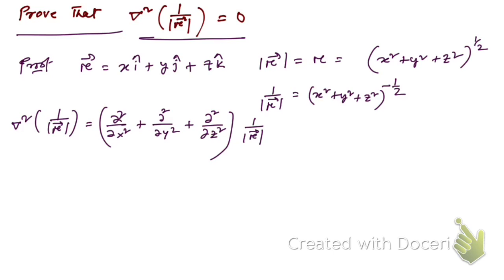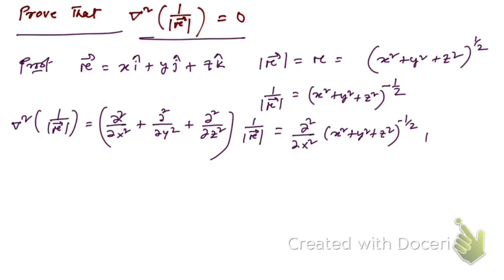That means we're going to take the second order partial derivative with respect to x of x square plus y square plus z square whole to the power minus half.